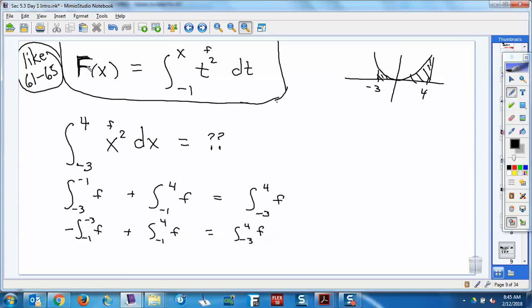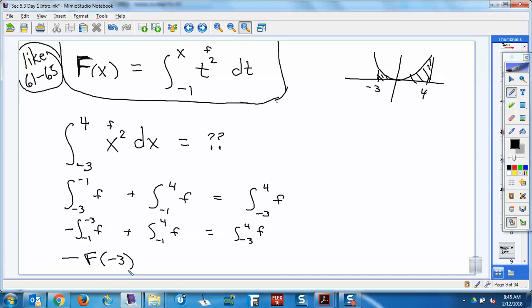Now it also dawns on me, why did I use -1? Because I had -1 here in this function called big F, so I wanted to get a -1 involved here somehow. So what I did is I just stuck it there and there because I knew that rule I had. Okay, now another name for this is negative big F of -3, isn't it?